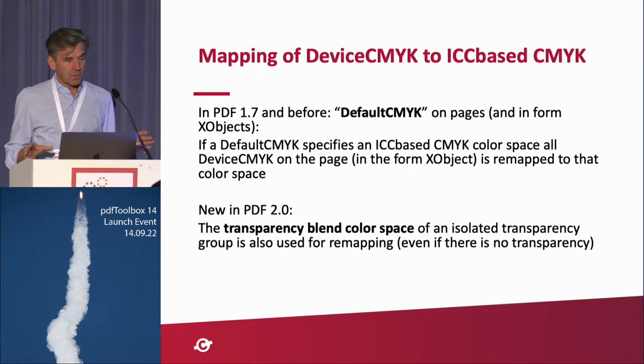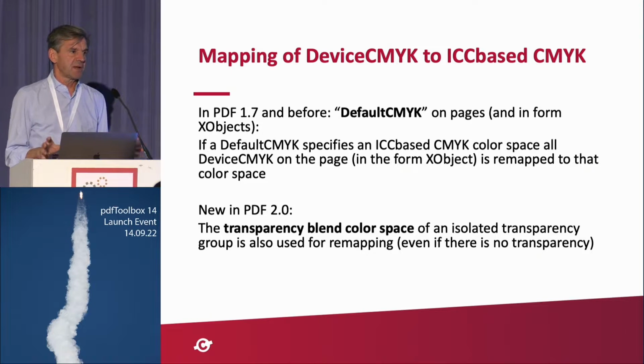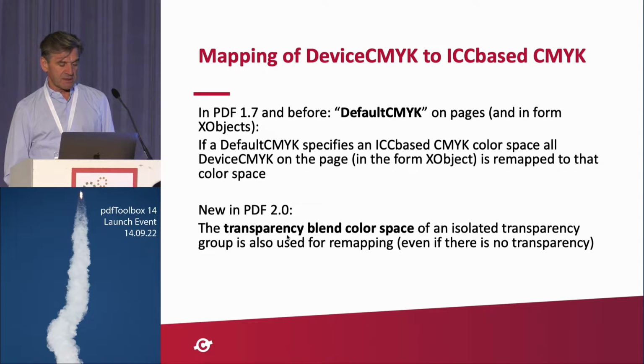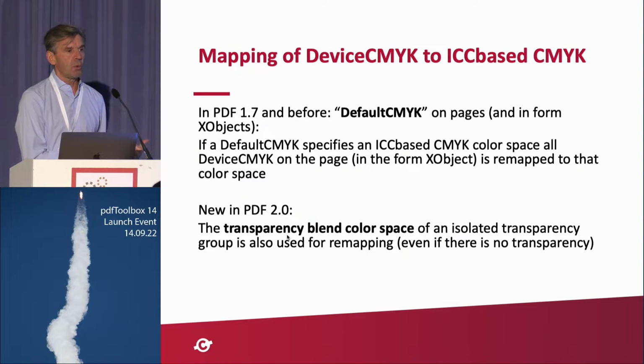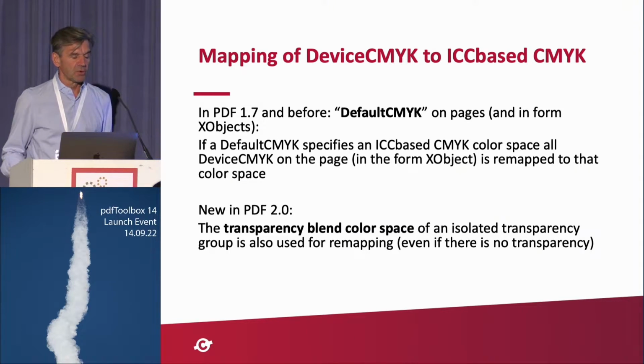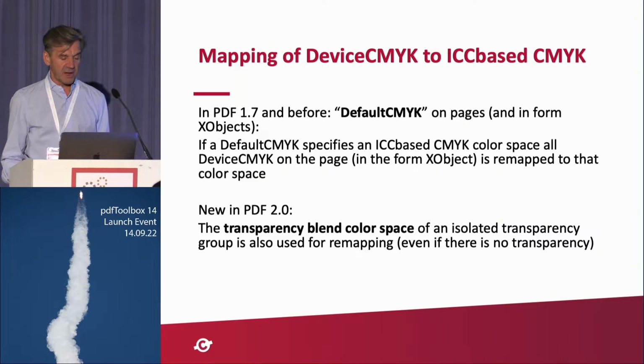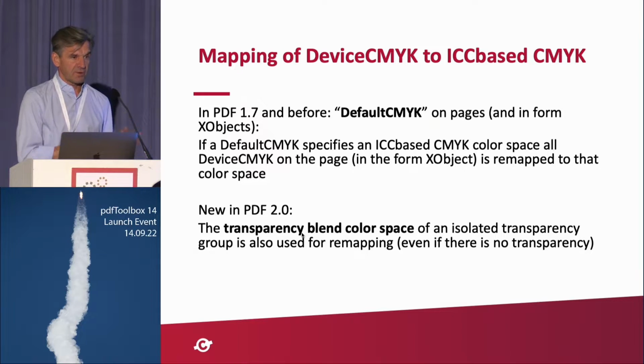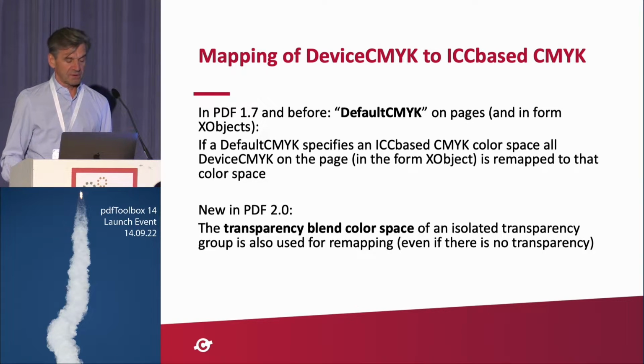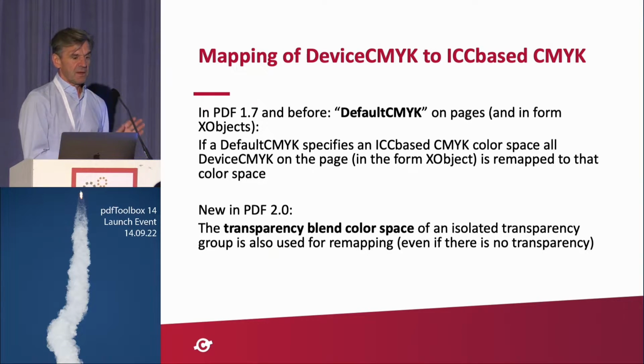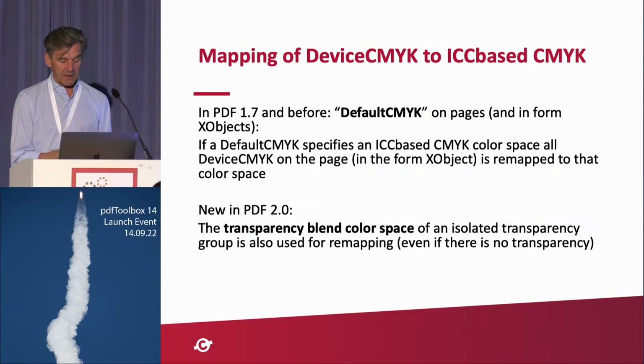So once you've understood that mechanism, then we can get to the next point here in PDF 2.0. In the most recent PDF specification, a similar mechanism exists for transparency blend groups. So the transparency blend color space can also work as a default CMYK color space.